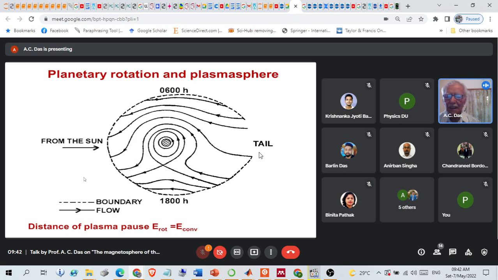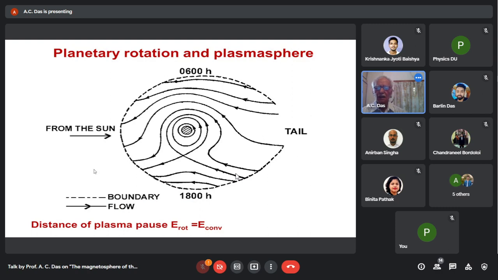Here you can see that the plasma flow from the tail of the magnetosphere cannot continue to move towards the center of the Earth because of the rotation; the plasma flow is being dragged away by the rotational motion.